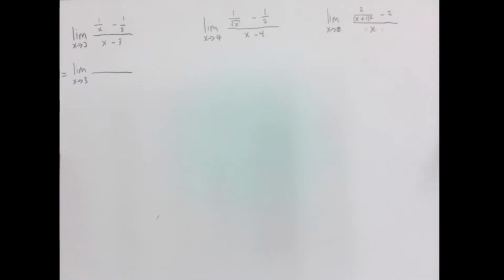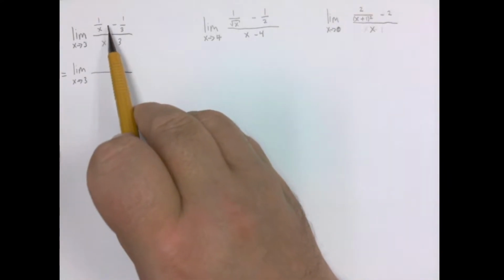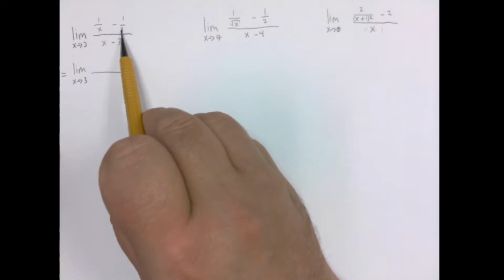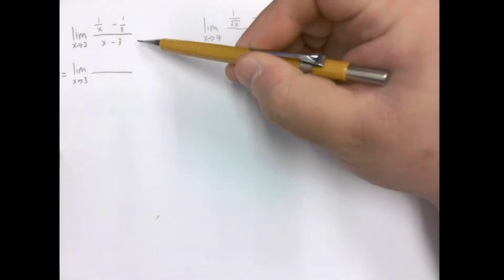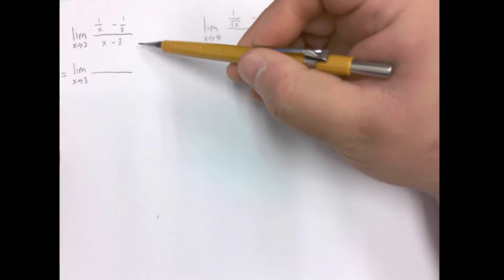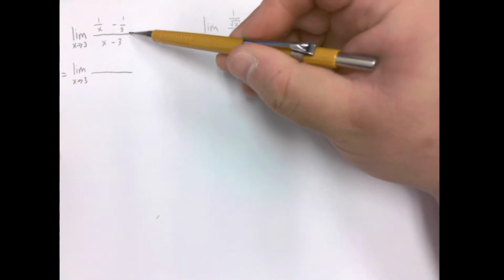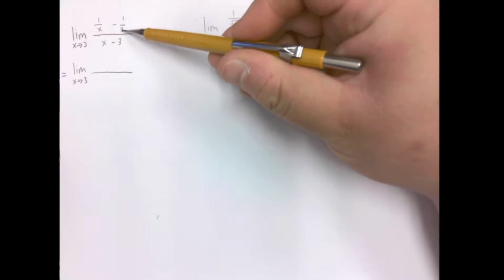Now, I want to combine this to get a single fraction. There's probably 2 basic ways you can do that. You can get a common denominator between these two and multiply to achieve that common denominator. Or you can multiply the numerator and denominator of the overall fraction by the least common multiple of these 2 fractions.